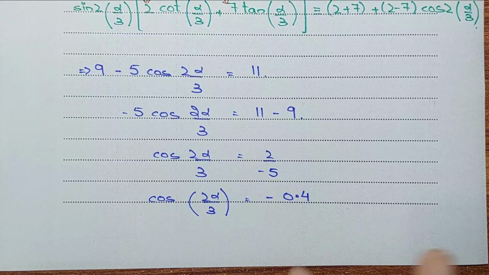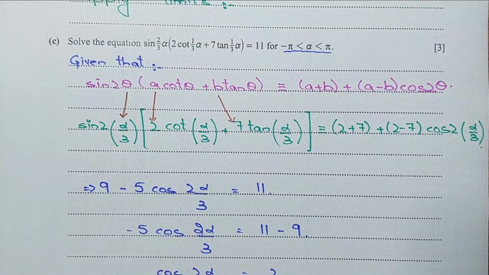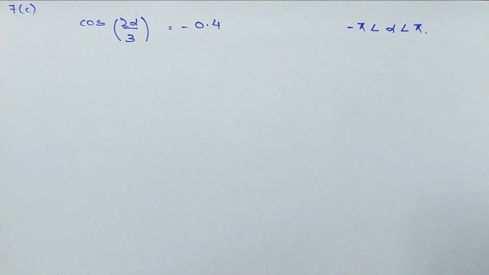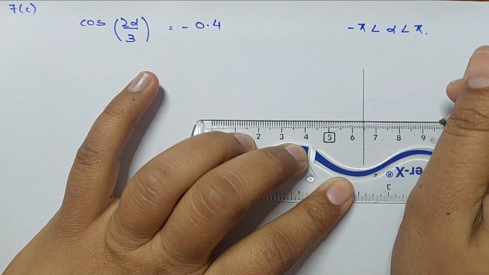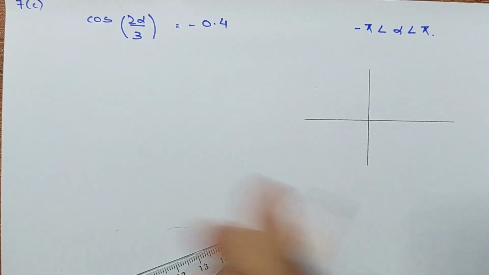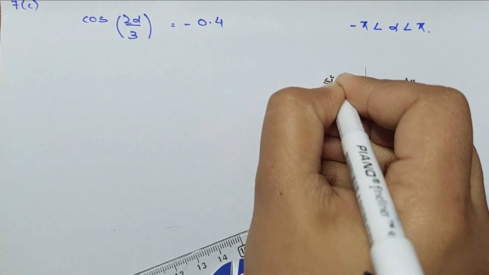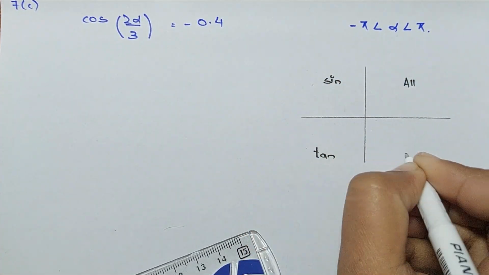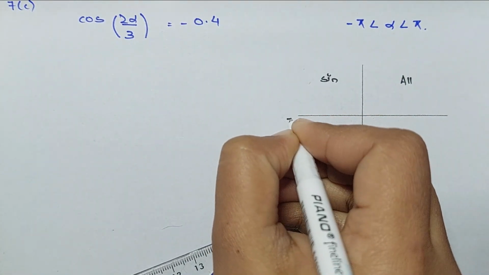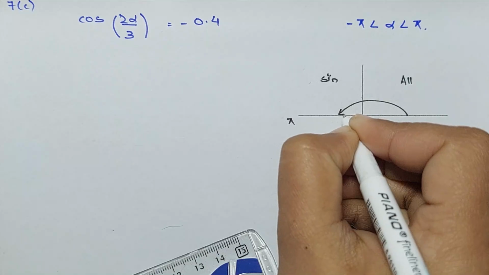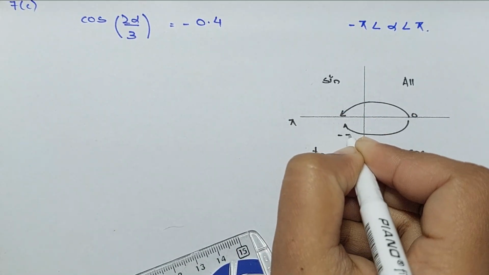Now cos is negative and the domain we have given is from minus pi to plus pi, and check cos is negative in which quadrant, right? Let me draw the coordinate diagram first. Here all trigonometric ratios are positive, sine is positive, tangent is positive, and cos is positive, right? Now this direction is from 0 to pi, and this direction is from 0 to minus pi.